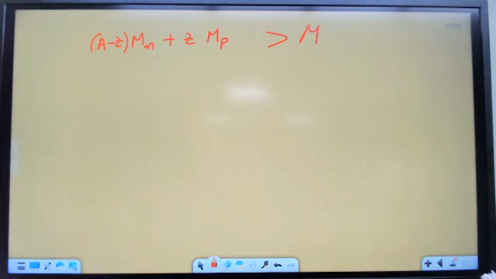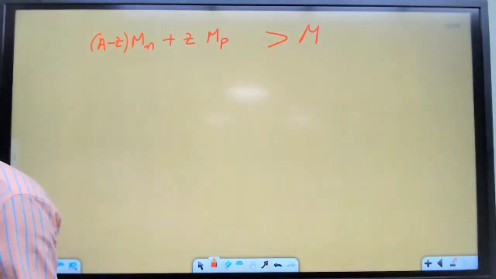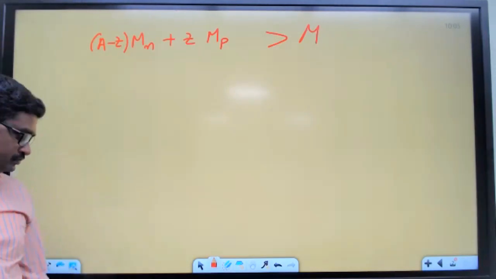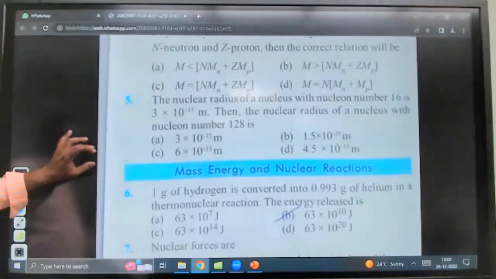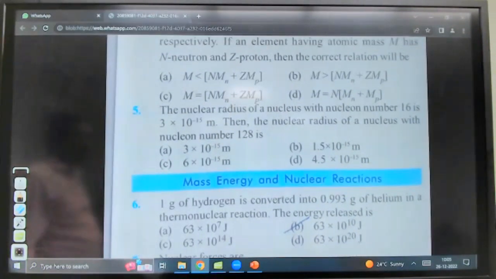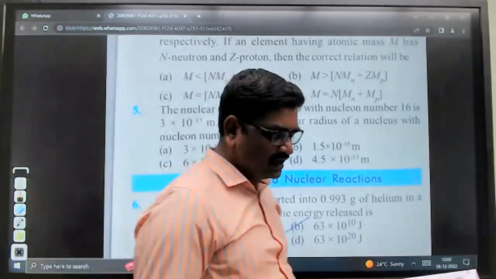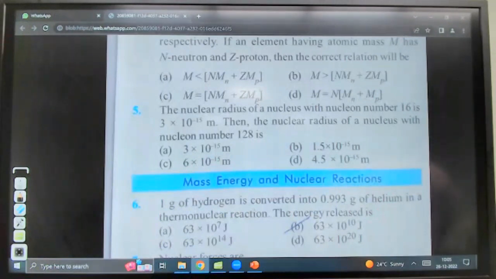Next, question number 5. Go through question number 5. The nuclear radius of a nucleus with nuclear number 16 is 3 into 10 power minus 15 meter.